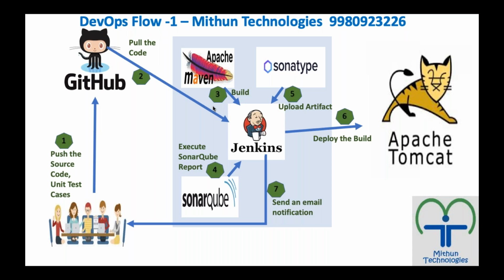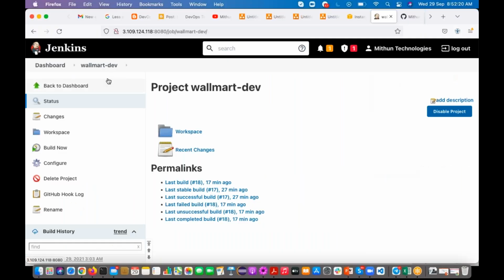Nitin is asking, we have also given recipients in the SMTP configuration. Yes. If you give default recipients in the SMTP server configuration, by default it is going to send the email notification to them irrespective of the job. But my requirement is, I want to send this particular job's notifications to developers.